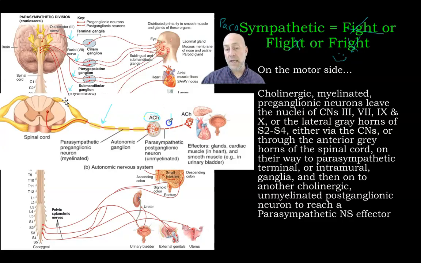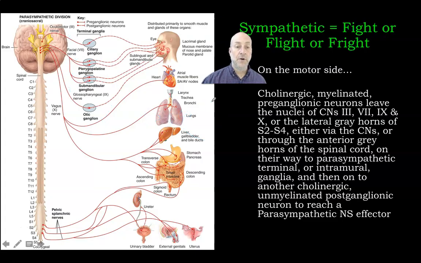Now on the postganglionic, two things of interest, right? Still cholinergic, but now it's unmyelinated, and it's going to the effectors, and it's going to cause the opposite effect that the sympathetic nervous system had on those same effectors. And the outflow is, of course, coming out of these four cranial nerves, 3, 7, 9, and 10.